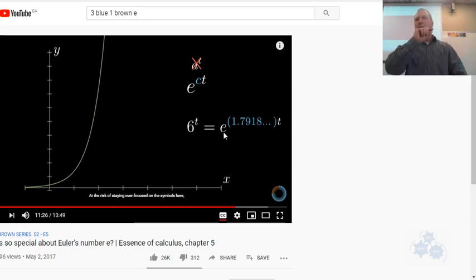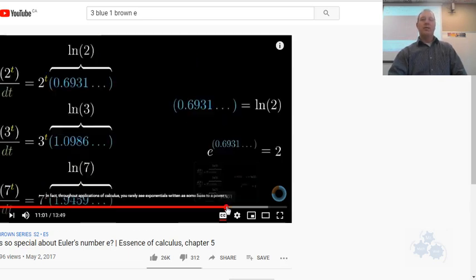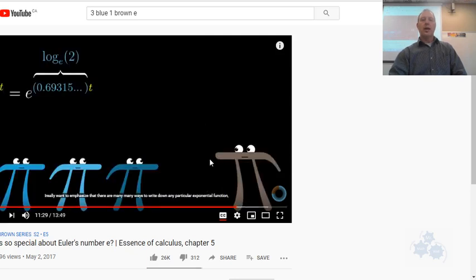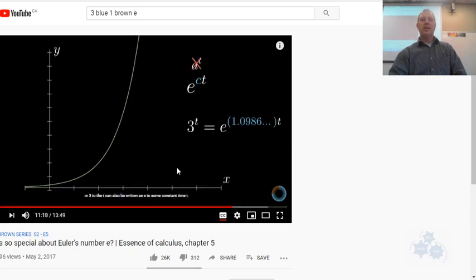If you're like, hey, we need that exponential graph to go up a little bit steeper, we can't use e as a base. Well, you can. You just have to adjust this. So this number here would actually be the exact same as if you were dealing with a base of 6 and so on. So I just wanted to show you that just in case you're worried that now we're limiting ourselves to a base e, really any exponential function can be written with base e, and you have no problem. Okay?